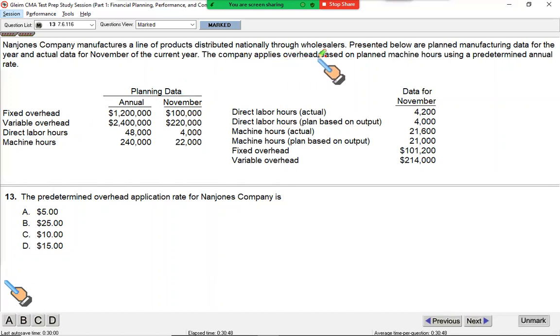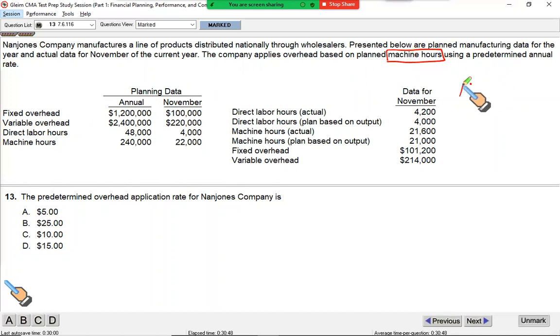The company applies overhead based on the planned machine hour. Our basis, or our activity driver, is the machine hour. I hope you remember when you calculate the fixed overhead absorption rate, for that rate we need a driver, a denominator, a base. Let me show you what I mean.